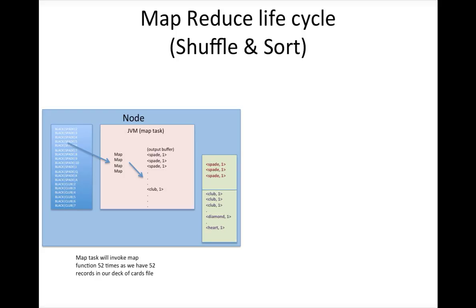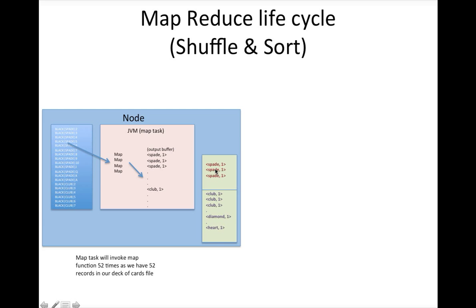And then the shuffle and sort phase kicks in, and data will be partitioned as part of the shuffle and sort process. So there are three things: partitioning, comparing, and also combining if you use combiners. But whether you use a combiner or not, partitioning and comparing will definitely work. And by default, partitioning happens using a hash algorithm on the keys. In this case, the keys are spade, club, diamond, and heart.